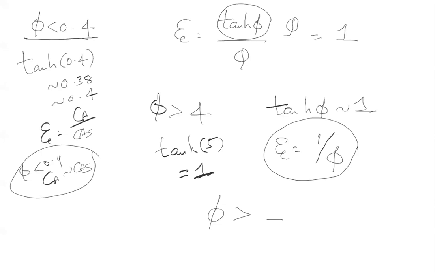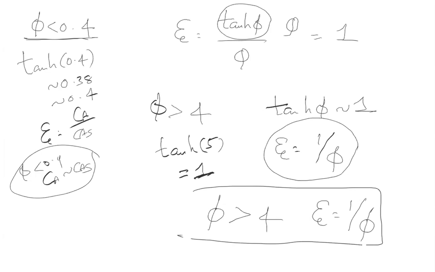If phi is greater than 4, your effectiveness factor is the inverse of the Thiele modulus. This is almost repeated, I don't know how many times; every alternate year, or 4 or 5 times, it has been given as a 1 mark question. When you are in the strong pore diffusion region, the effectiveness factor is the reciprocal of the Thiele modulus.